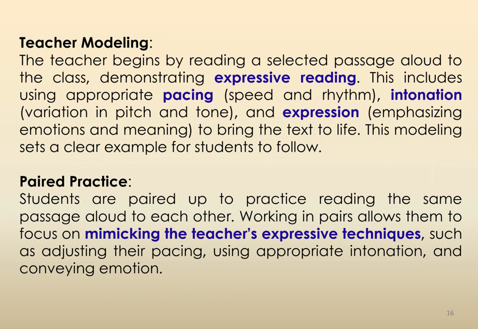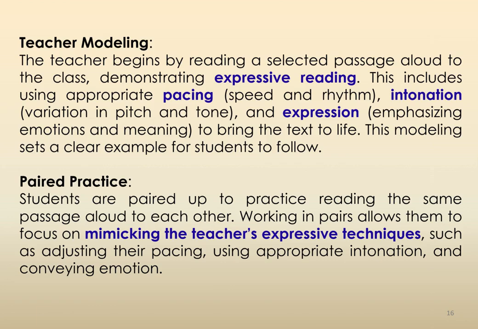So, how do we practice this in the primary classroom? We use two primary strategies. The first one is teacher modeling. What is teacher modeling? It is a process where the teacher reads a text aloud to demonstrate ideal pacing, intonation, and emotional expression. Second, we use pair practice, where students buddy up to mimic those exact expressive techniques together.